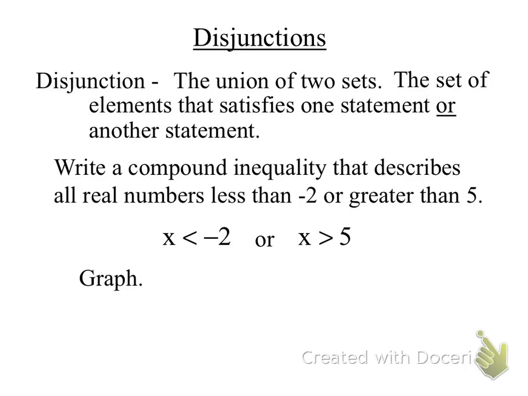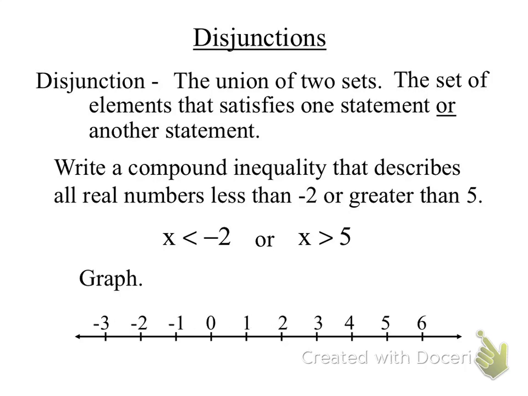Let's look at this on the number line. Okay, the first one, we're starting at the negative 2. It should be an open circle. And what direction does it go to? Left. It goes to the left. And the second one is starting at 5, and it goes to the right.